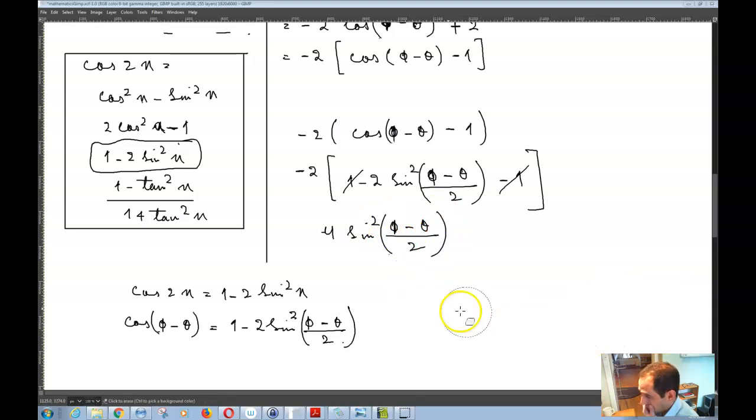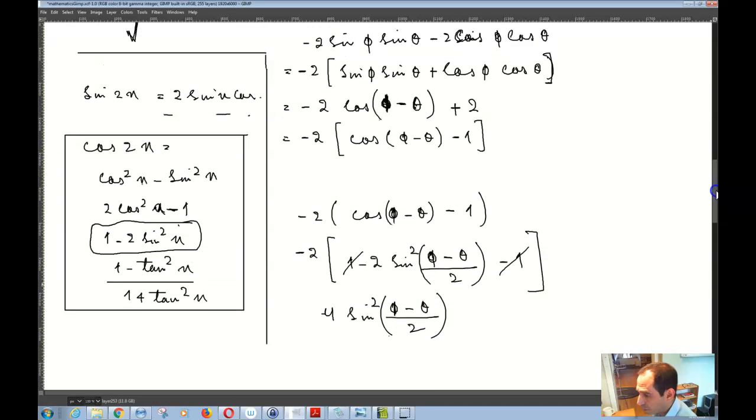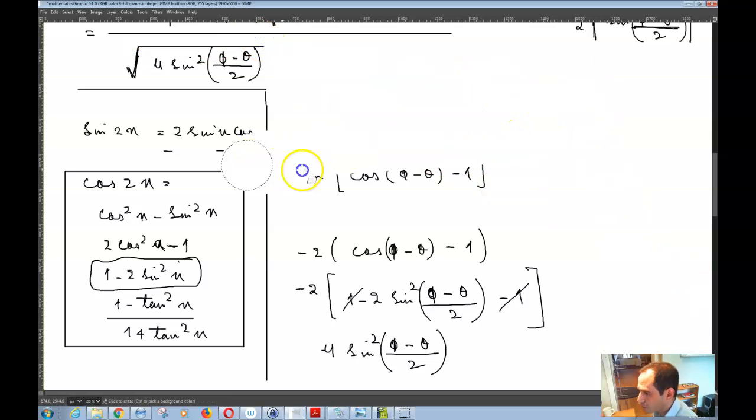Okay, so now if you put this under the square root function, 4 times sine squared phi minus theta divided by 2. So that is basically what we were looking for.